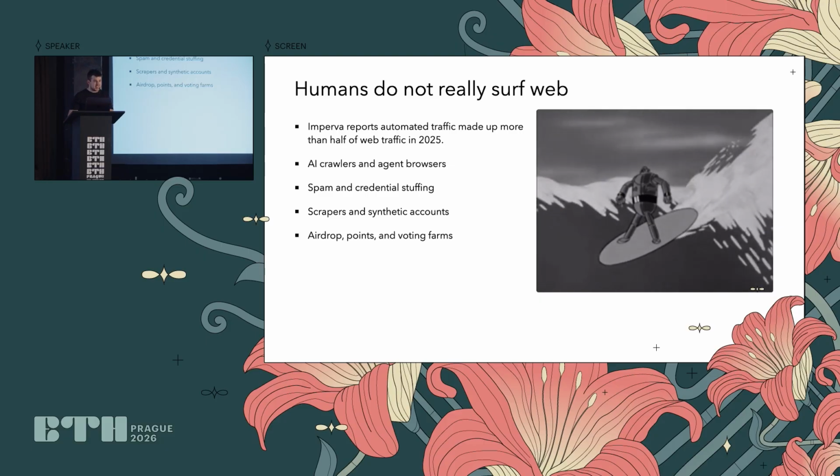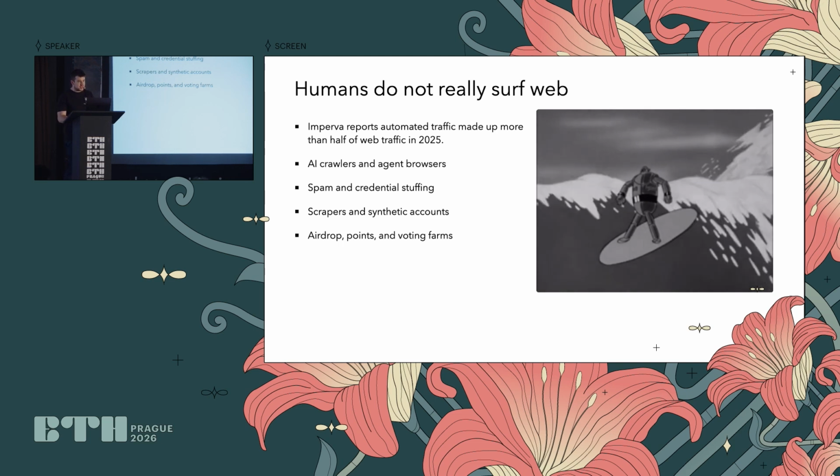So instead of real content, you see these fancy AI cats doing stuff. And outside of that, especially in crypto, you have these AI agents doing airdrops and farming points, and basically no one really uses your product, or you don't know if it's a real user or just an AI agent.